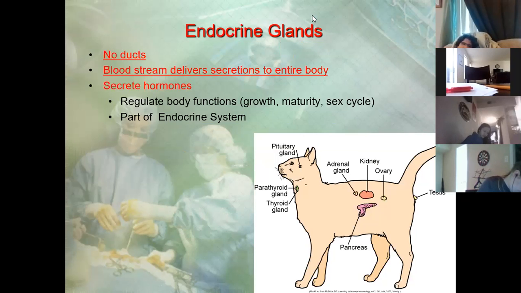The first one is endocrine. Now, what does endo mean? Inside. So endocrine glands are putting their stuff into your blood. And once that stuff gets into your blood, where does it go? Where does blood go? Literally everywhere. It goes everywhere.